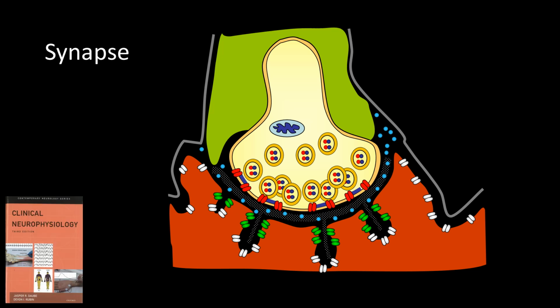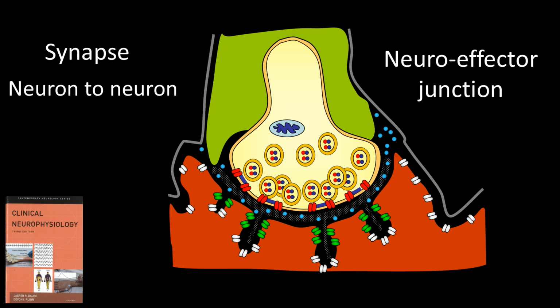We normally refer to this region as the synapse, but in strict neuroscientific terminology, the term synapse is reserved to the specialized contact zone between two neurons, where the two neurons communicate. And the term neuroeffector junction is used for the contact zone between a neuron and a non-neuronal effector.